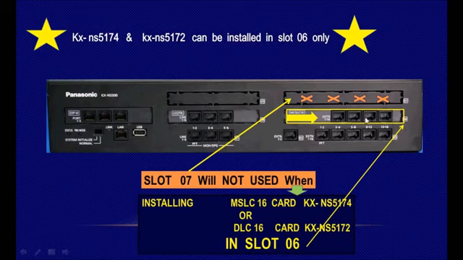Another 16 extensions can be added, digital phones or single line phones or both, but only one 16 expansion card, digital or analog, can be connected with each unit, only in slot number 6, and in this case slot 7 will not be used at all for any other type of cards or any other use.